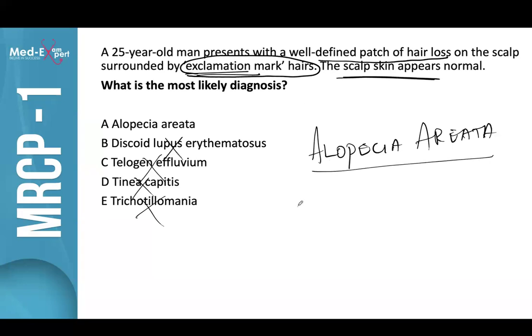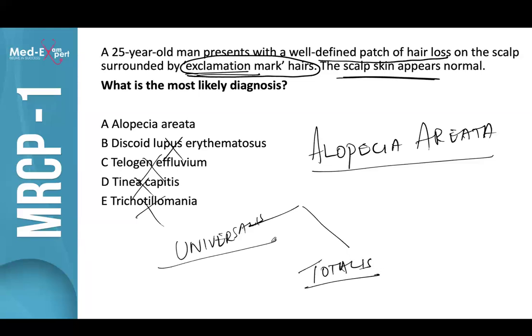This alopecia areata can be divided into two: totalis and universalis. Totalis means only the scalp hair is gone. Universalis means they won't have hair in any part of the body, nowhere.